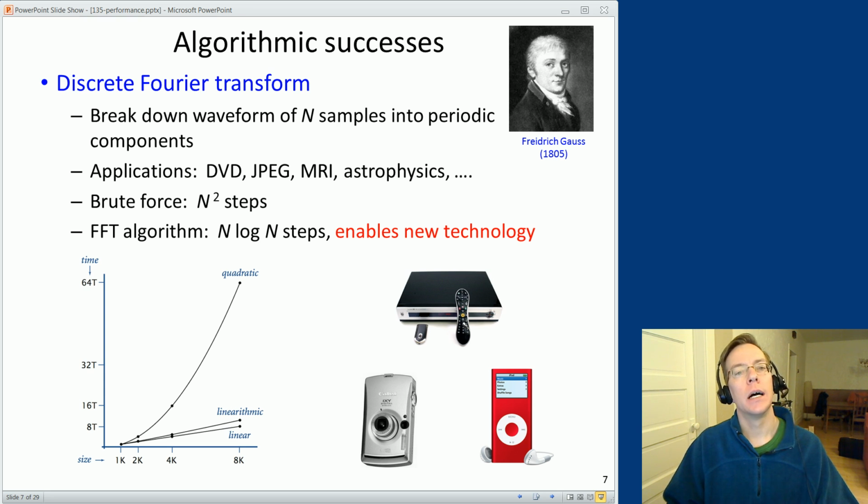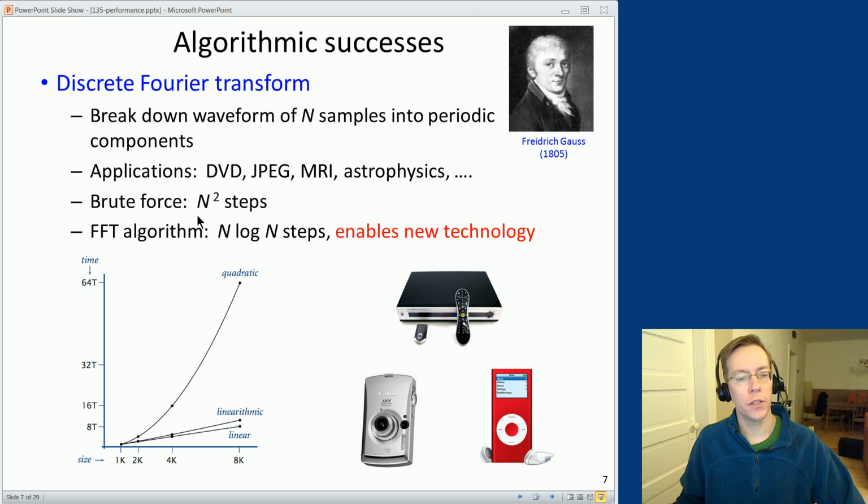Here's another problem, the discrete Fourier transform, where you're basically doing some analysis on waveforms and breaking them into the various components. If you do this in a naive, brute force way, it takes n squared steps. And there's an algorithm called the fast Fourier transform, the FFT, and that again is kind of like merge sort.